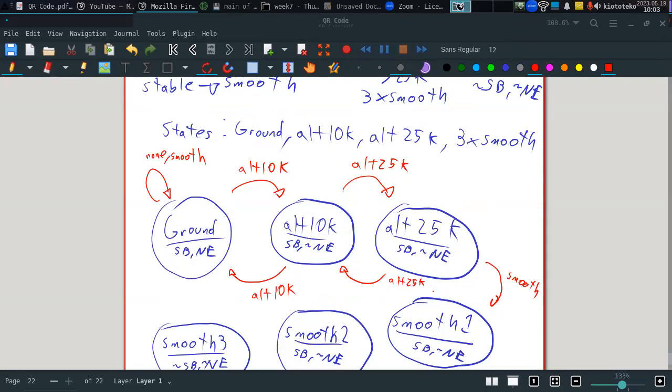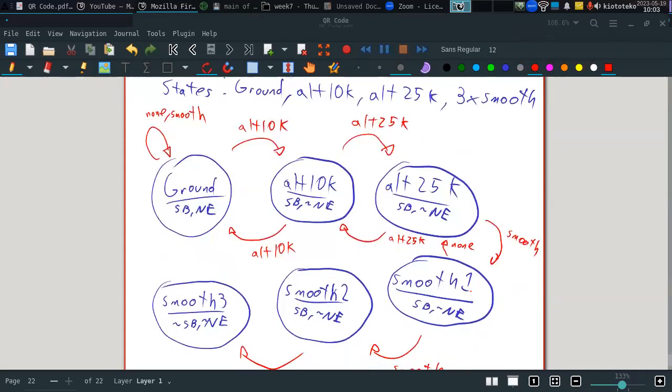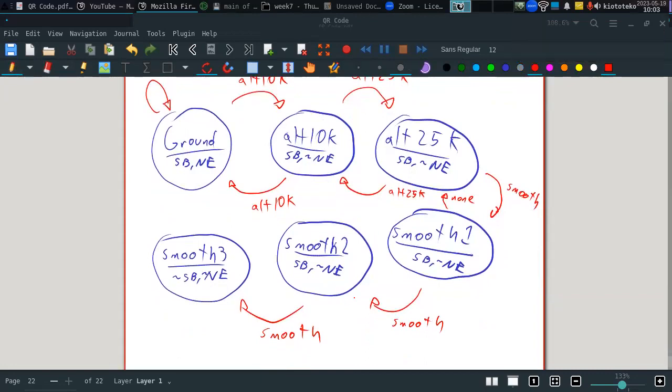You go back here if, what happens if you don't receive any signal? Because if you don't receive any signal, that means you're also not smooth. So you go back here if you, okay. Let's see, let's draw it from here.